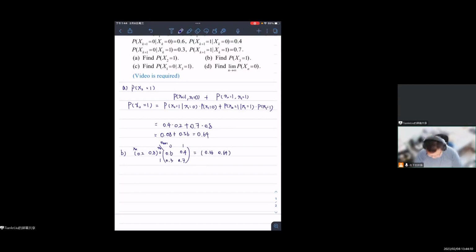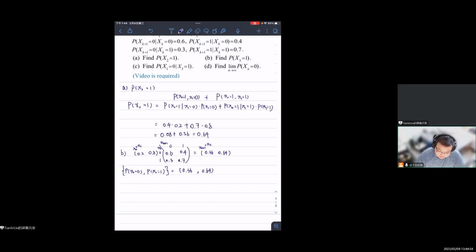For now we get xk plus 1, right? For now, this xk is x1, so the xk plus 1 equals x2. So we have the probability of x2 equals 0 and the probability of x2 equals 1 as 0.38 and 0.62. So that's it for x2.